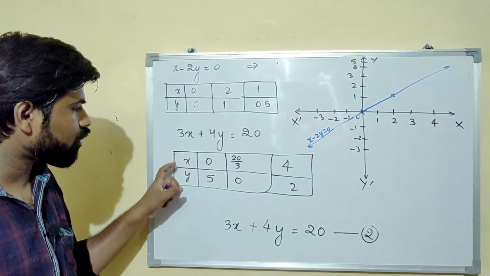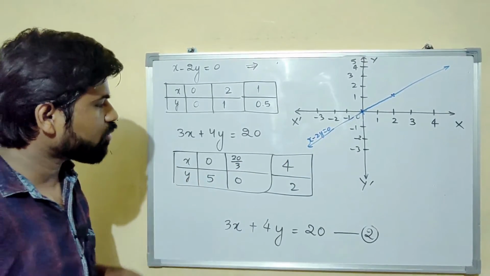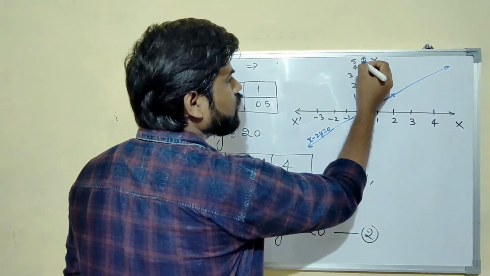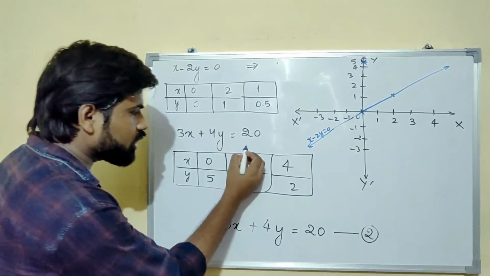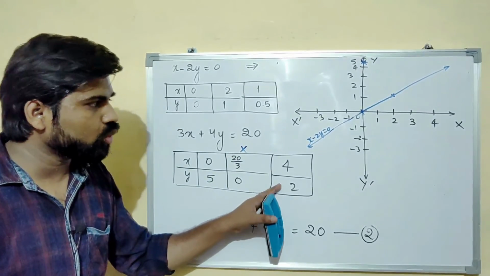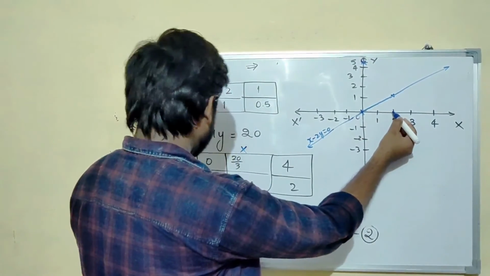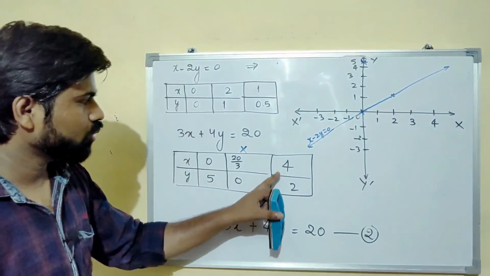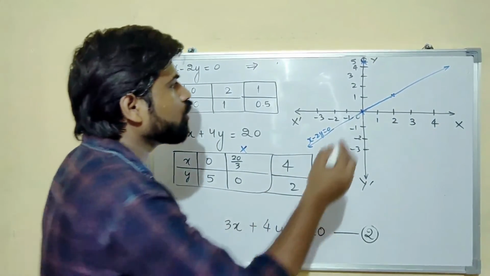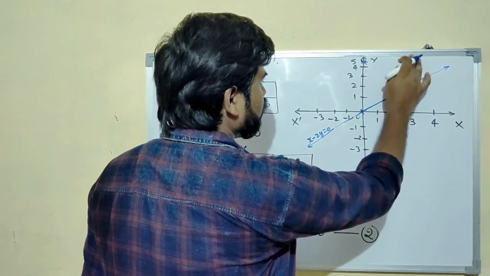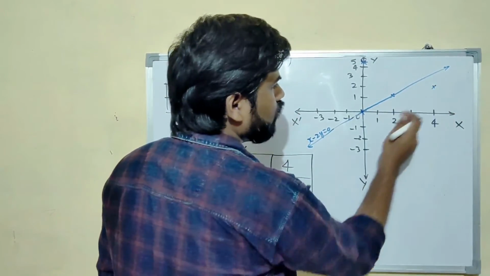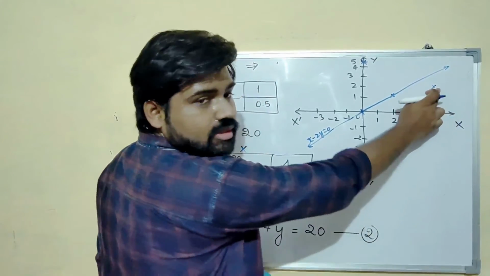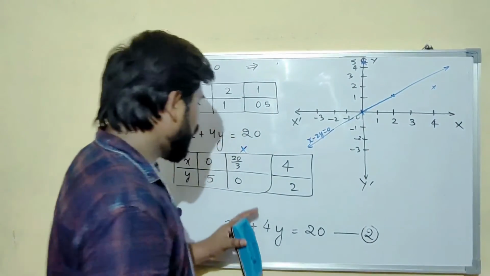Now let us plot the graph for this equation. 0, 5. It will be this point 0, 5, right? And we cannot plot the point 20 upon 3, so I am plotting this point 4, 2. This will be this point, right? 4 on the x-axis and 2 on the y-axis.